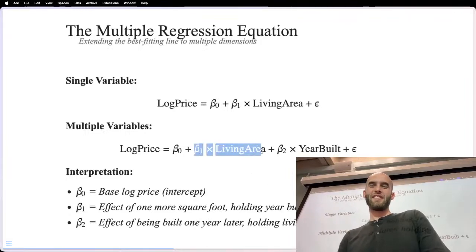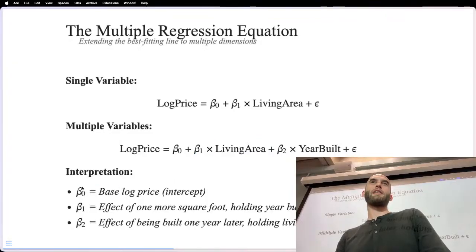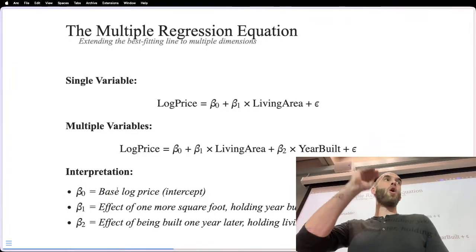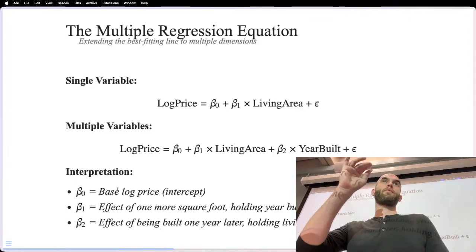That's the price of my tent. And then we have year built. So this is using some base year. I'll show you what this uses later. But that's the interpretation for beta 0. So it's the 0 in all of our categories.